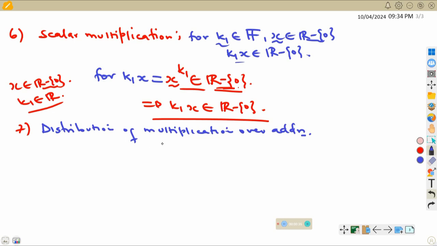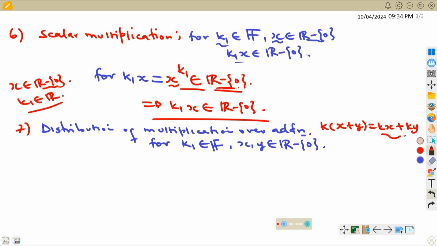Here we are interested if we have a scalar k1, which is picked from the field F, and x, y are picked from our set. What are we interested in? We are interested in showing that k into x plus y is the same as kx plus ky.